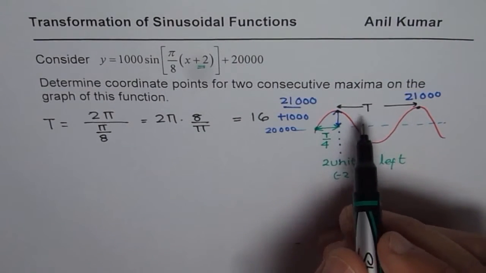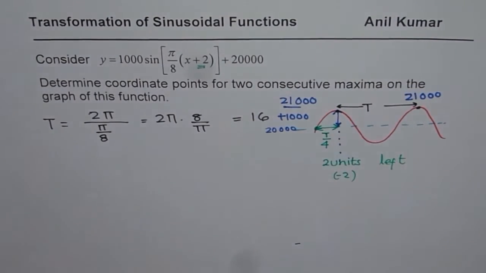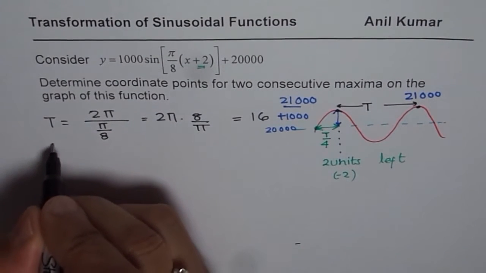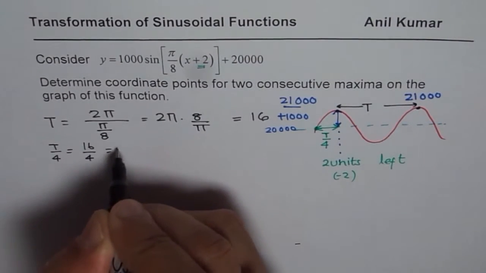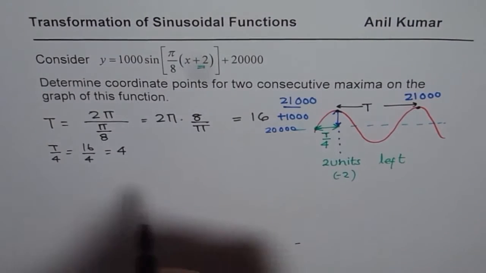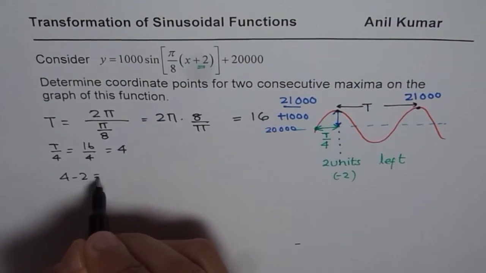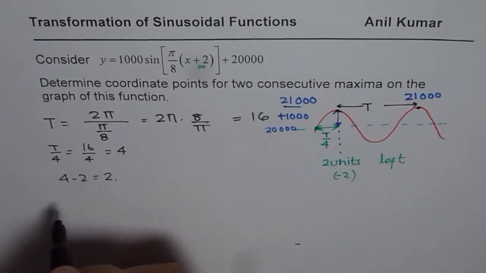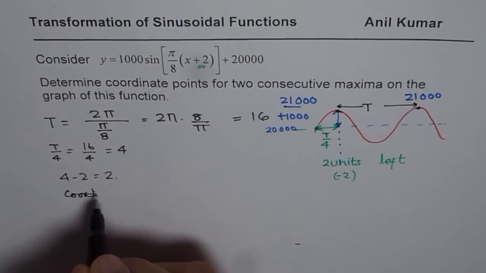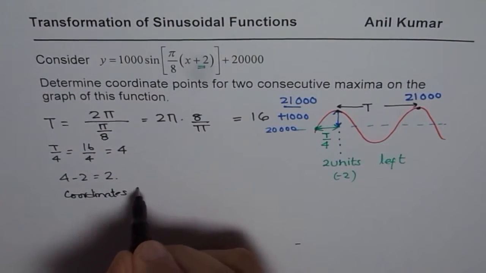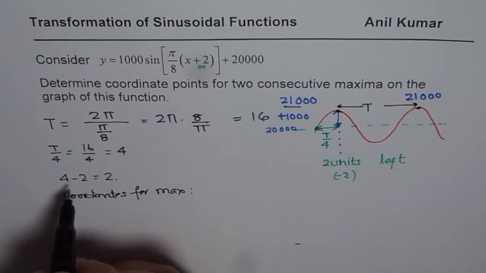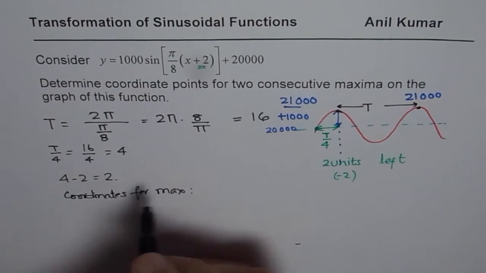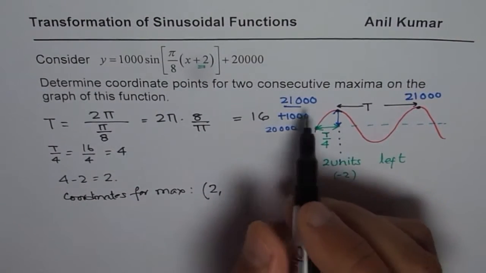Now if T is 16 for us, then what is quarter of the T? So T by 4 is going to be 16 by 4, which is 4, and 2 units less than 4 is 4 minus 2, which is 2. Therefore we can say coordinates for maximum are, first one at 2, that is the x coordinate, and the y value is 21,000.